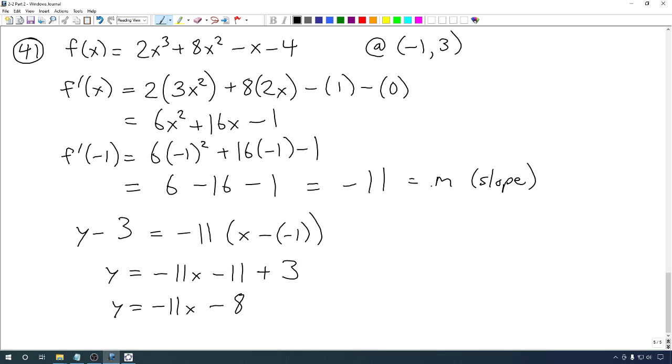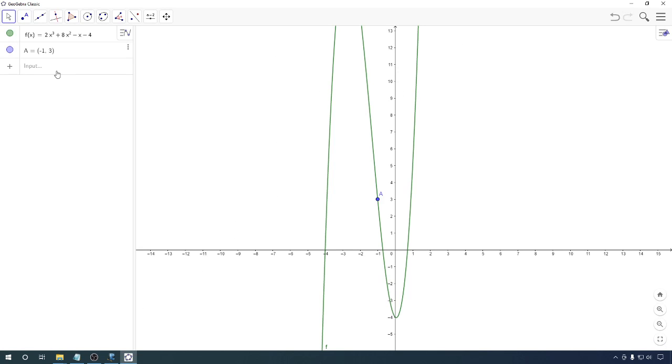Obviously, the negative 11 we already knew from the slope. If we go ahead and plot this line, y equals negative 11x minus 8, it definitely does pass through our point A, and it really does agree with our graph around that point. This is, in fact, the tangent line to this curve at that point.